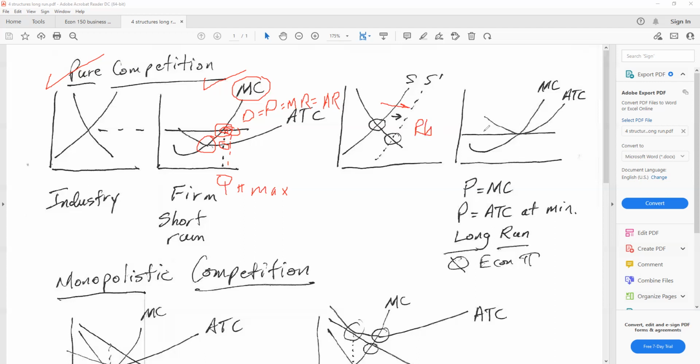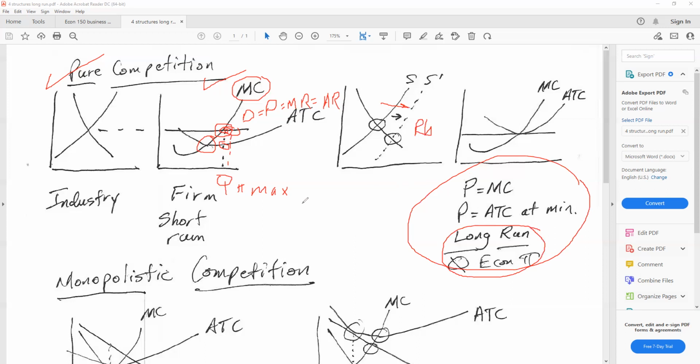And look what happens to that economic profit. That economic profit will start to disappear. So in the long run, we have some equalities that are very important. In the long run, in pure competition, price equals marginal cost. Price equals the average total cost at its minimum. And in the long run, there is zero economic profit.